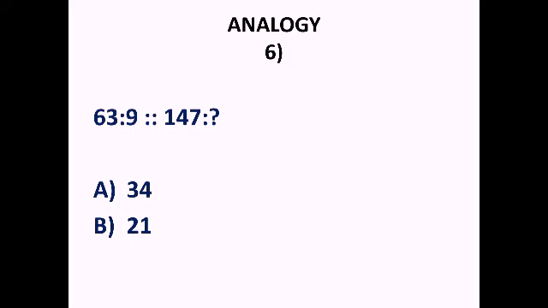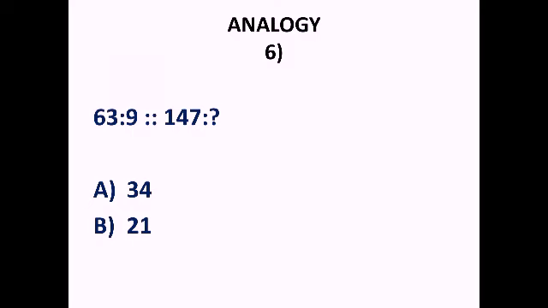So this is our sixth question. In analogy, look here. What are the number pairs given? First set is 63:9. That means there is a particular relationship between 63 and 9. Then similarly, the other colon that is given means it is a similarity.